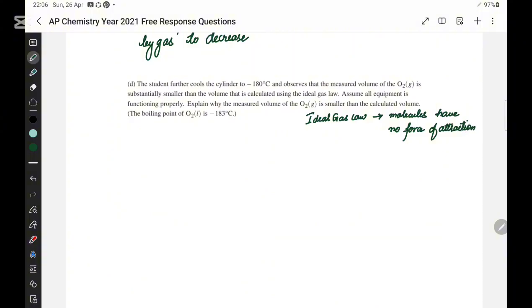But when the molecules cool, their particles come close together and forces of attraction start to develop there. Because of this, you are going to see intermolecular forces developed there, which would result in inelastic collisions. How am I going to write the explanation?